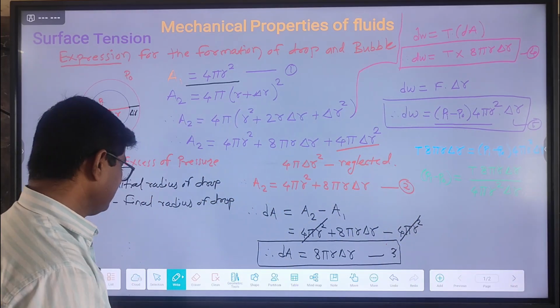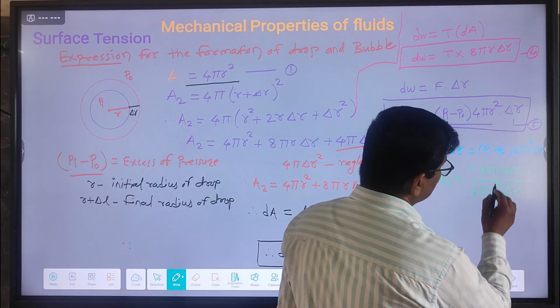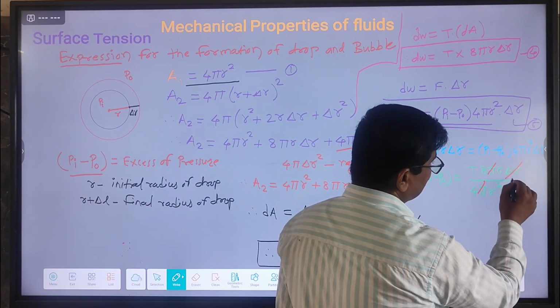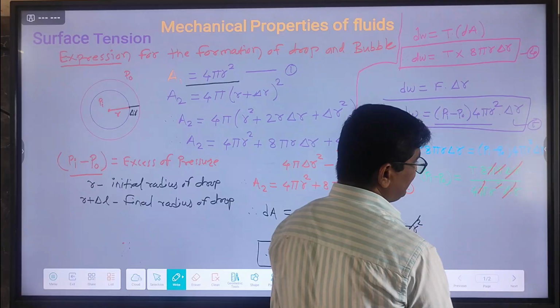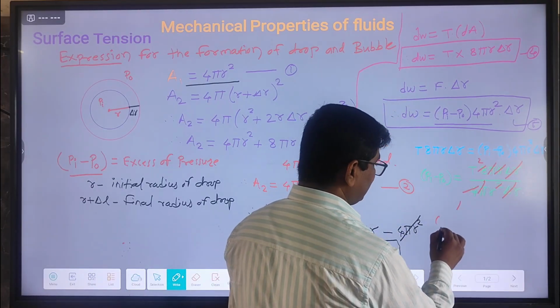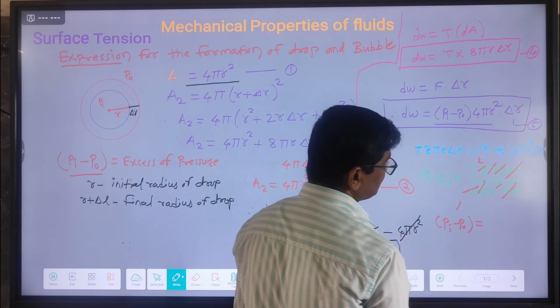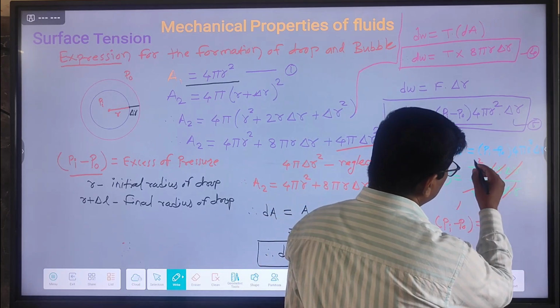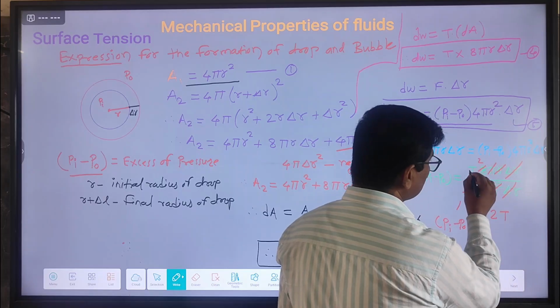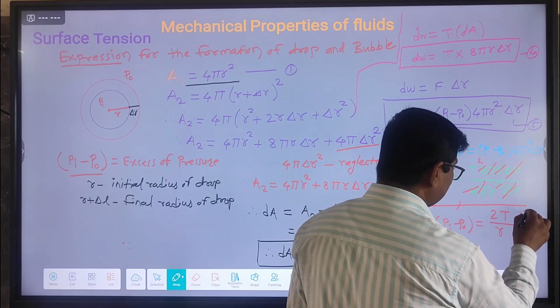Which factors are cancelled? Pi gets cancelled, delta r gets cancelled, one r gets cancelled, and 4 ones are 4, 4 twos are 8. What is remaining for excess pressure? Pi minus Po is equal to 2T divided by only r. So this is the value of excess pressure.